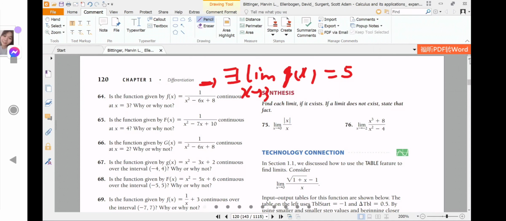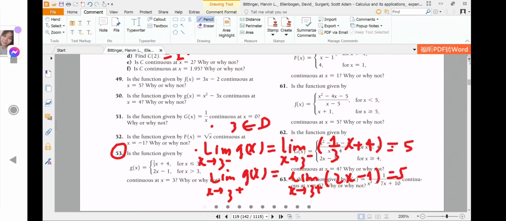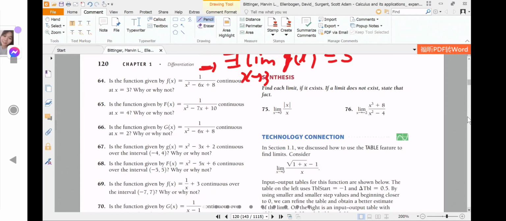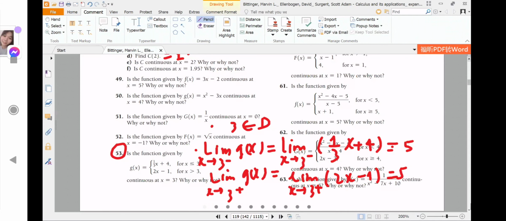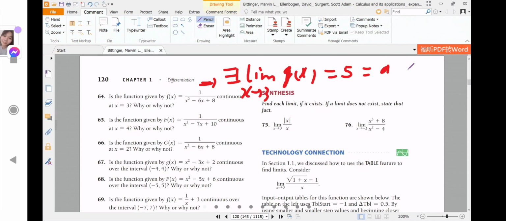Okay, but it is not enough to conclude the given function is continuous. You need to determine that number 5 is g(3). Okay, g at 3.